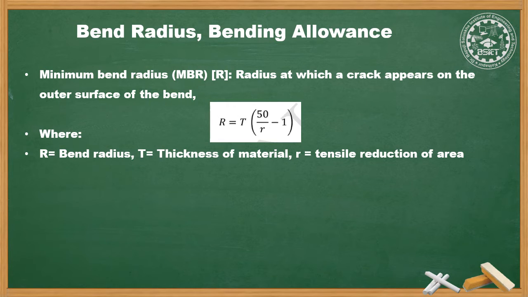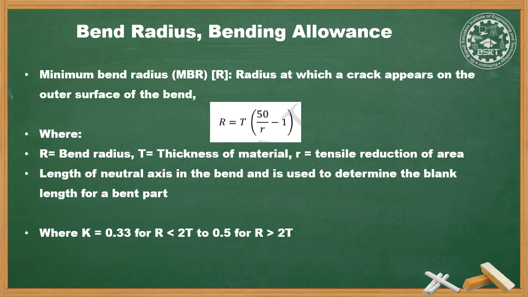Next is bending allowance. Bending allowance is nothing but the length of the neutral axis in the bend and is used to determine the length of a bent part. That is, the length of a bent part is nothing but the bending allowance.